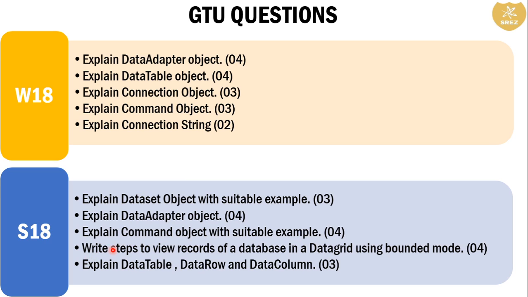They asked about some program: write the steps to view records of database in data grid using bound mode. We will see this in detail in future. Explain data table, row and column in 3 marks. So each of these objects is asked again and again in each GTU question paper in a repeated manner. So it will be the most important part.